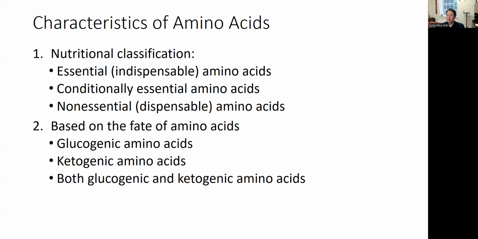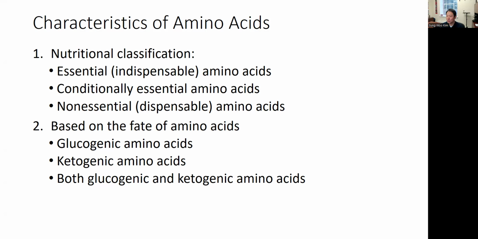If you look at different papers or texts, you may see a different term called indispensable amino acids. Basically, those are the same thing, but depending on the scientist or research group, you may see we use a different term, essential amino acids or indispensable amino acids.